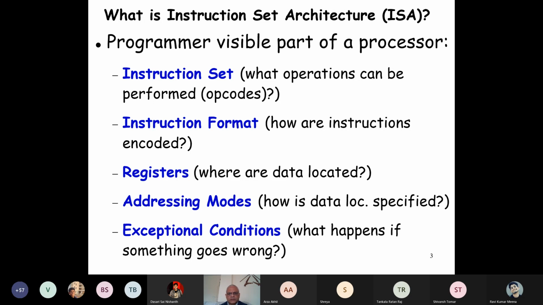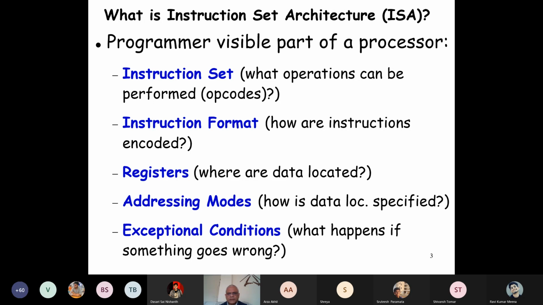The registers, how many registers are there, what are their names? So these are the places where data will be located before operation. The addressing modes, how is the data location specified in an instruction? Whether it is in memory, in the register, etc. How it will be specified, we'll look at that in more detail.